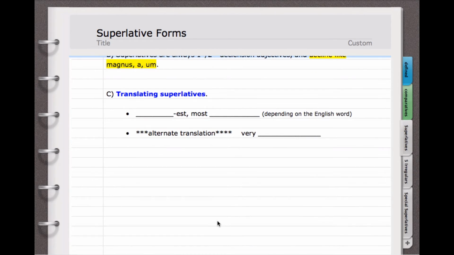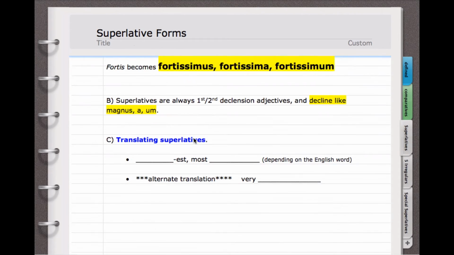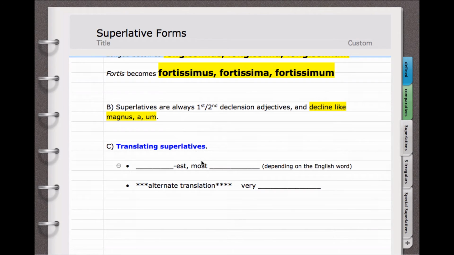Translating superlatives. Not so bad here. They will be the EST form, biggest, bravest. Some adjectives need to have most something, most friendly, although you probably could say friendliest. There is also an alternate translation that we find in Latin.